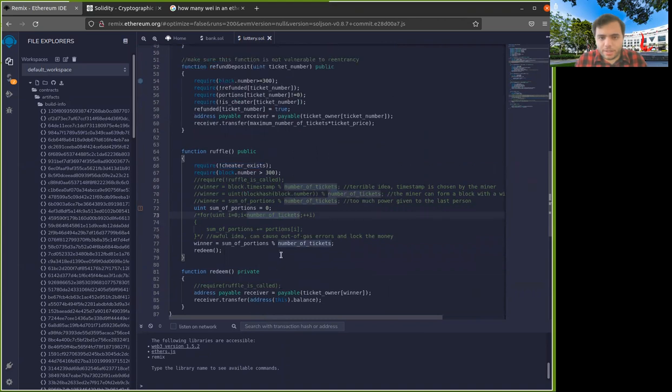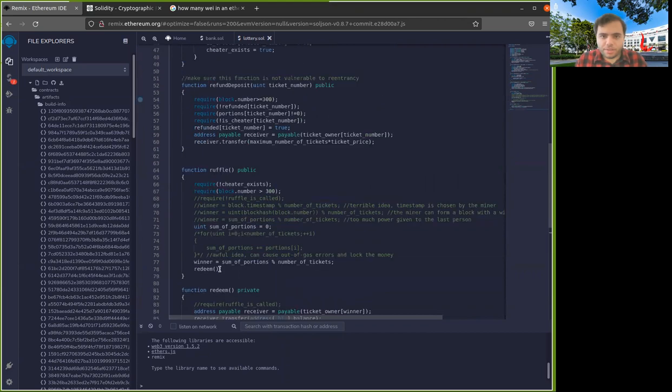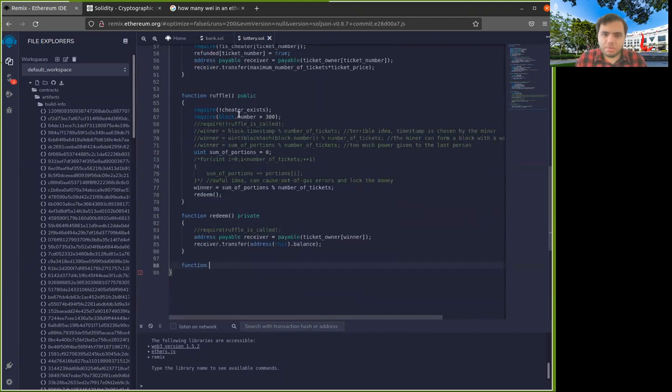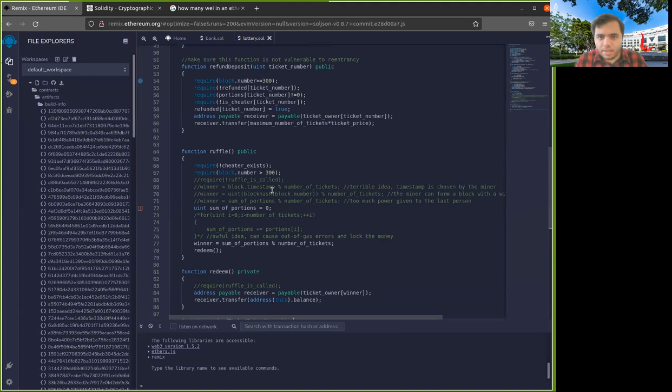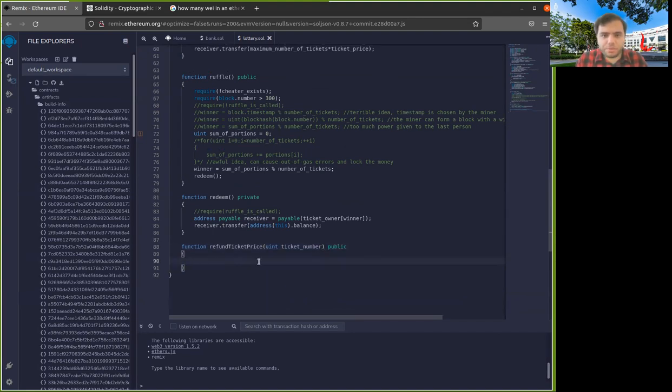Okay. And then, of course, I can have another function here for another type of refund, or you could just merge the two together, maybe if you make sure the timing is correct. So I can just say refundTicketPrice. And this is also public. And it takes a ticket number. And I have to check the time. So require that the block number is more than 300.